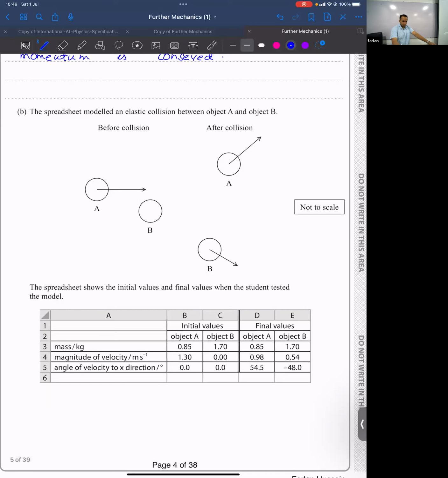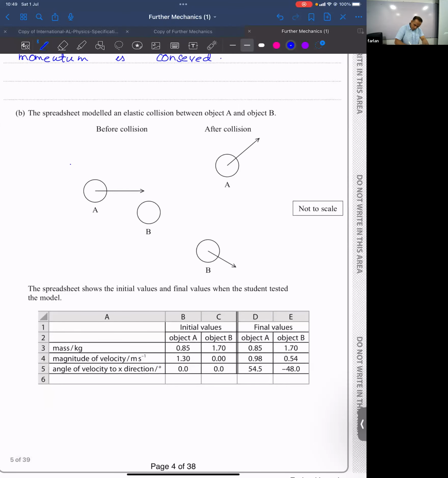Object A has a mass of 0.85 kilograms, and object B has a mass of 1.7 kilograms.